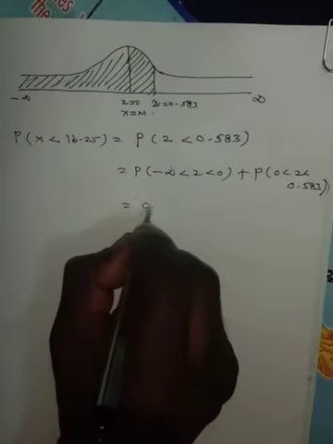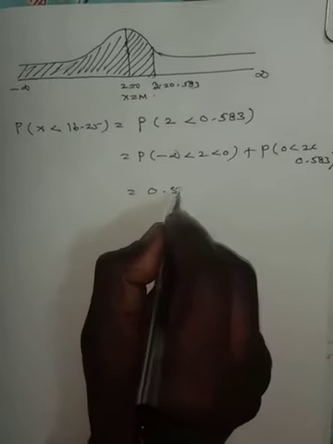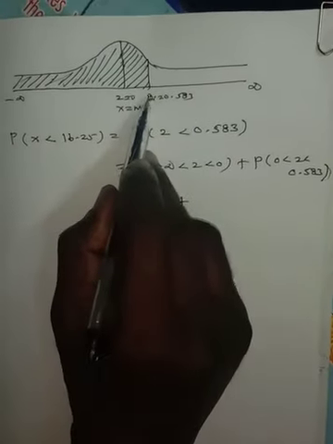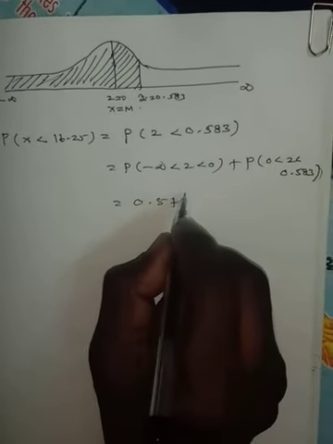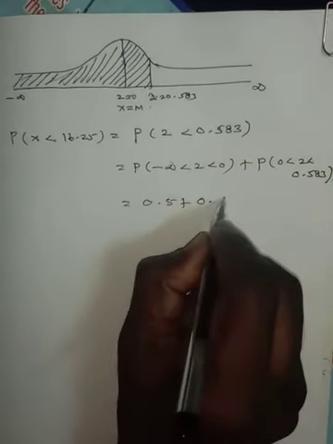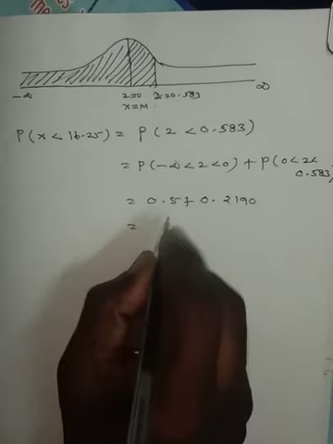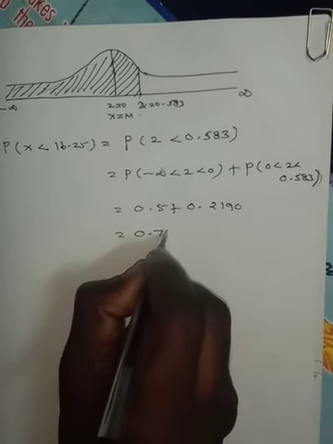Our portion is 0.5 plus, from the normal distribution table, 0 to 0.583 is 0.2190. Adding these two we get 0.7190.